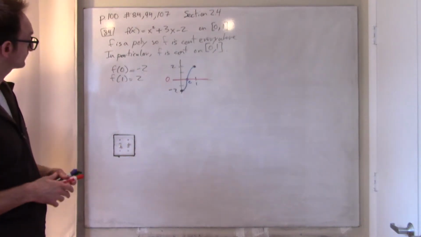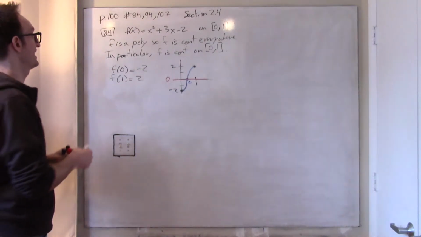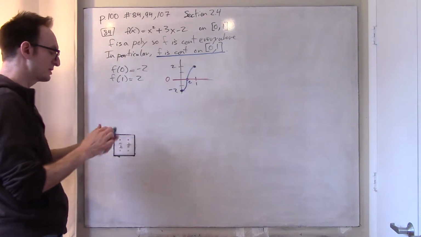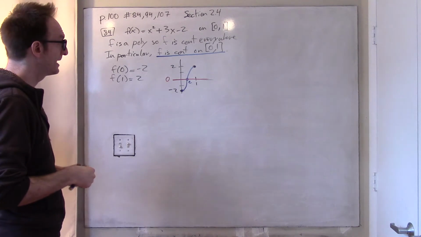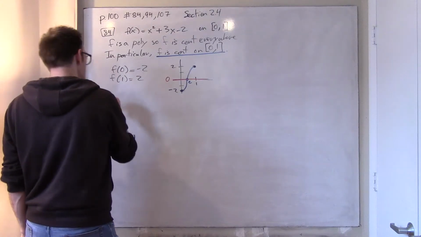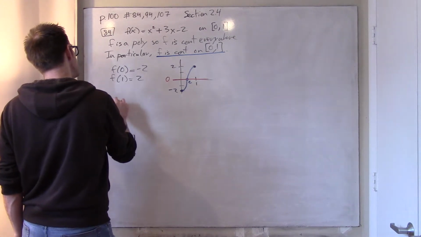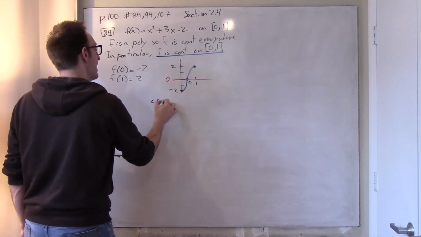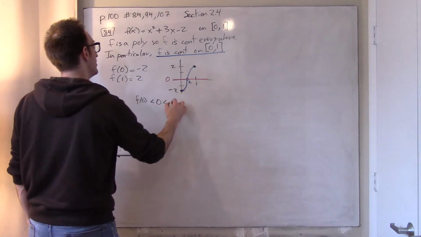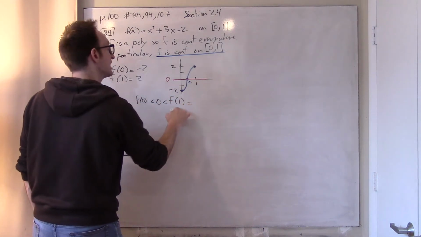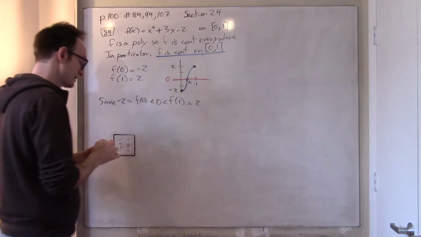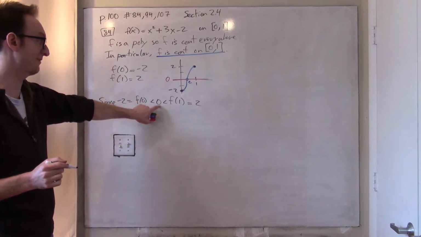Okay, so we have already noted that this function is continuous on the interval [0, 1]. You sort of need to write that down. And so, I'll say, since 0 is a y value in between f of 0 and f of 1, because f of 1 is 2 and f of 0 is negative 2, here I propose this intermediate value, 0.